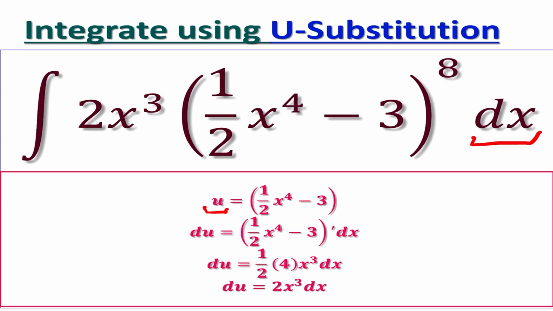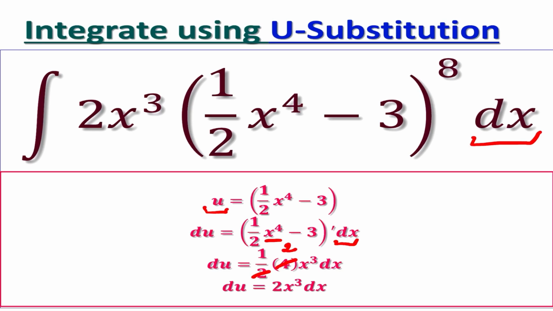The next step, we want to find du, differential of u, by taking the derivative. So we want to differentiate a half x to the 4th minus 3, prime. So the derivative of this is going to be a half times 4x cubed dx. And it simplifies to du equals 2x cubed dx.